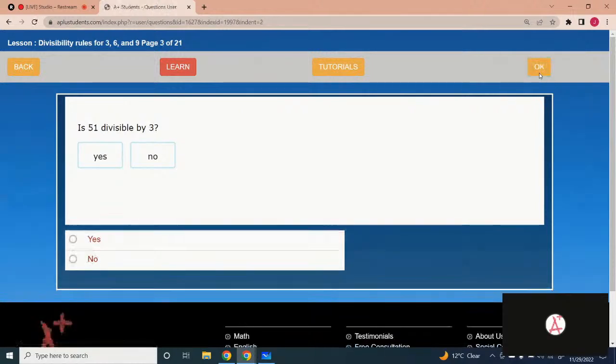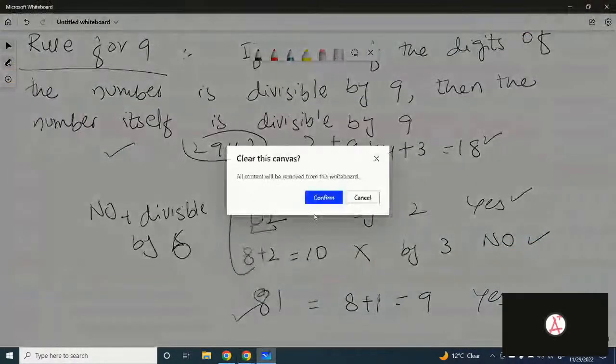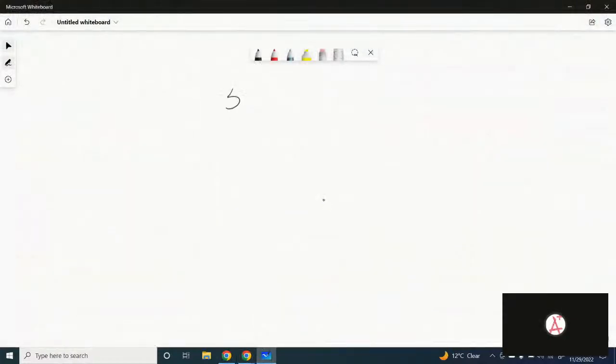Okay. The next one is: is 51 divisible by 3? You have to check if 51 is divisible by 3. Okay, add the digits. The divisibility rule for 3 is to sum up all the digits.